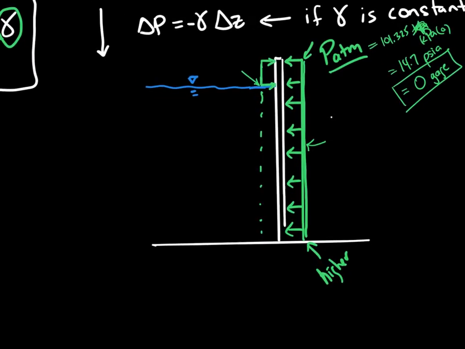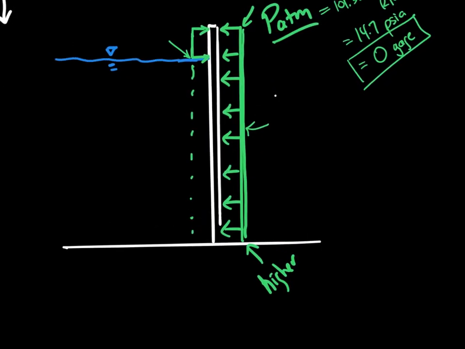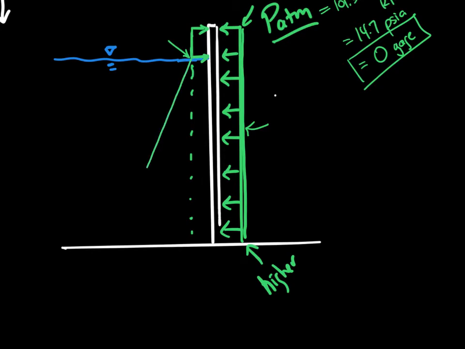As we move downward in the fluid, if gamma is constant, meaning this is one fluid with the same specific weight the whole way down, the pressure increases linearly, and the slope of this line is gamma. If the density changed as we move downward, the slope of that line would increase.